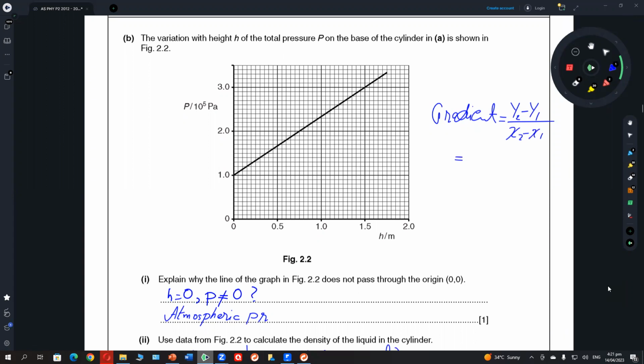You can take 1.0 and 3 on the y-axis, and the denominator 1.5 minus 0. Now you can find the gradient from this. I'm getting 1.33 times 10 power 5.